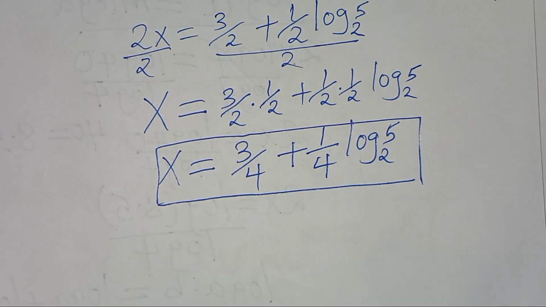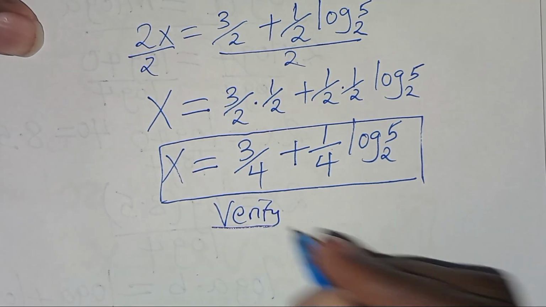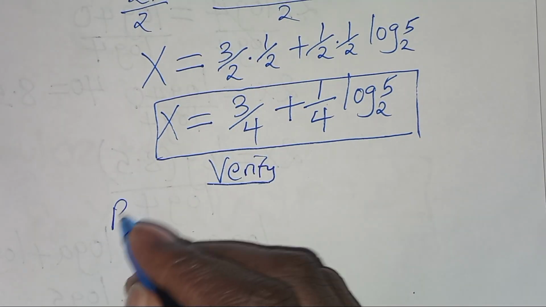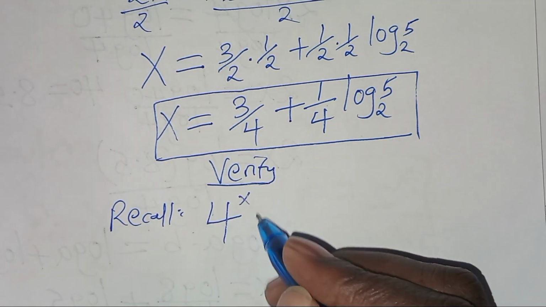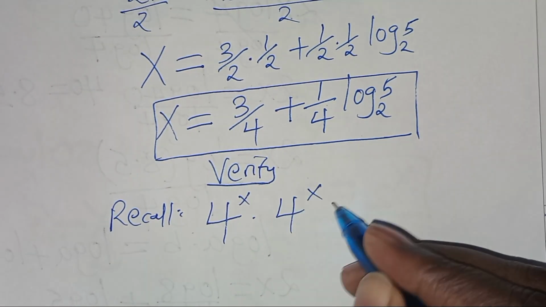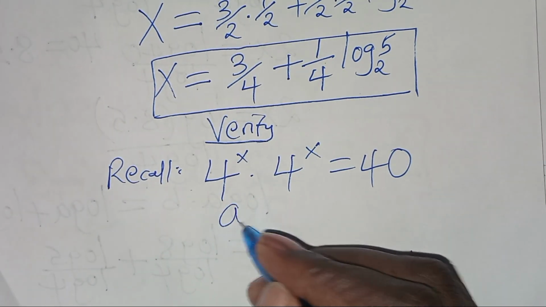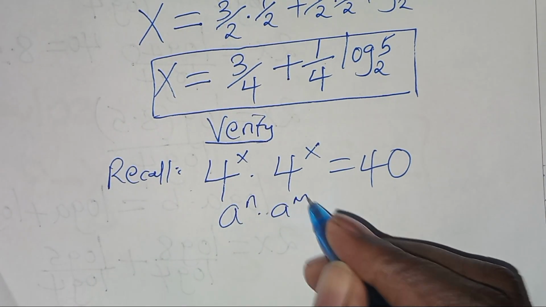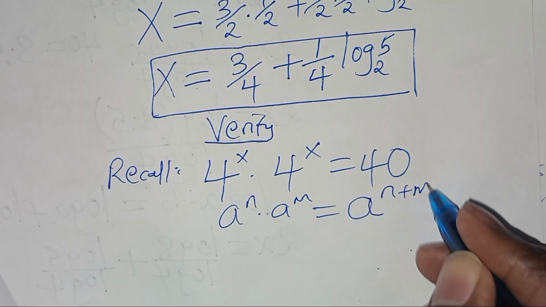So let's verify that this value of x actually satisfies the equation. Now, if you recall here, we have that 4 to the power x times 4 to the power x should give us a value of 40. So this is in the form of a to the power n times a to the power m, which you can express as a to the power n plus m.